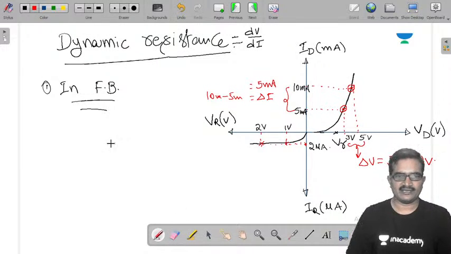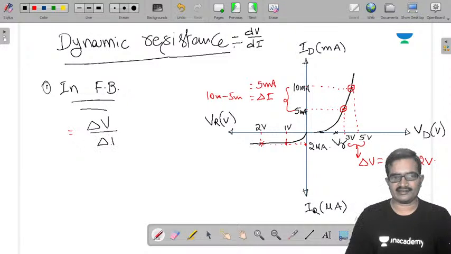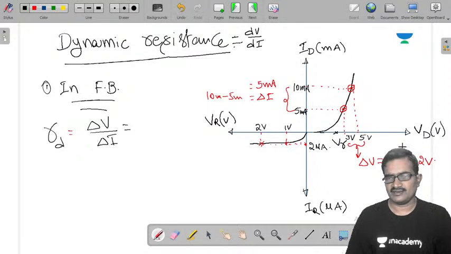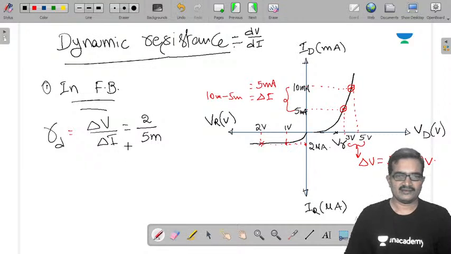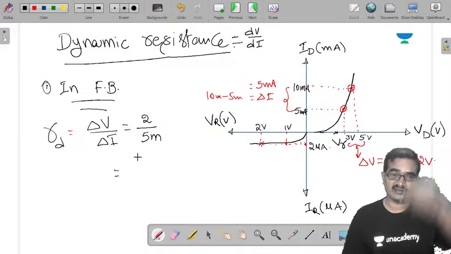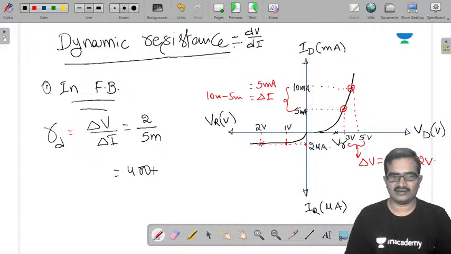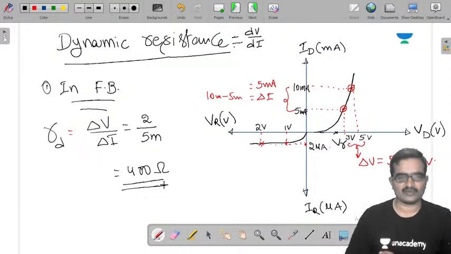Now in forward bias, dynamic resistance, which we represent by RD, is delta V by delta I. Its value is delta V, 2 volts, by 5 milli. So it is 4 by 10, so it is 0.4k, which means approximately 400 ohms. So its value is 400 ohms.